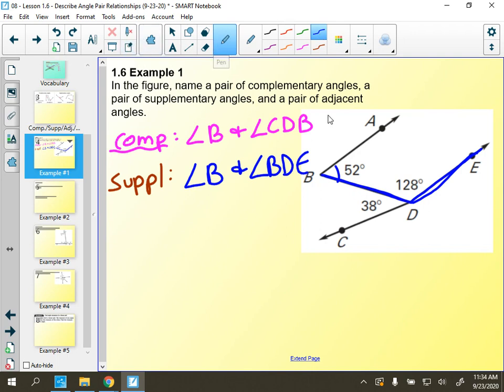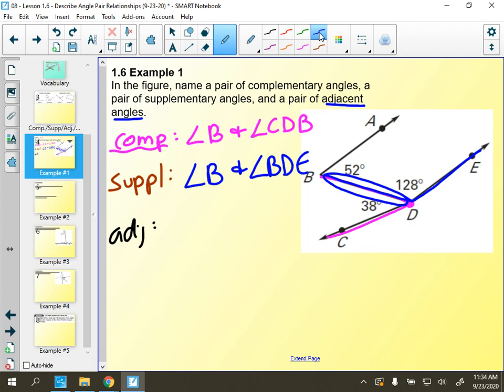All right, last one, or the last direction, said to identify a pair of adjacent angles. So remember that sharing a vertex, sharing a side, adjacent. Let's see what we got here. I think we're talking about this angle right here because this vertex is common to this angle, and they're also sharing, where did I get my overlap? Right here.